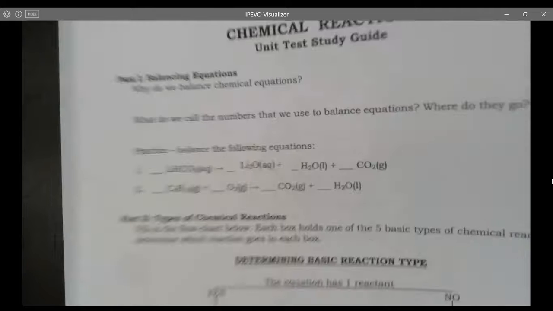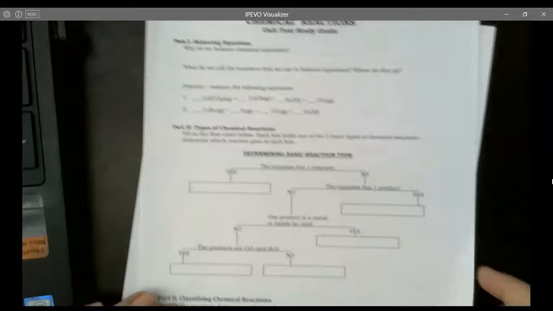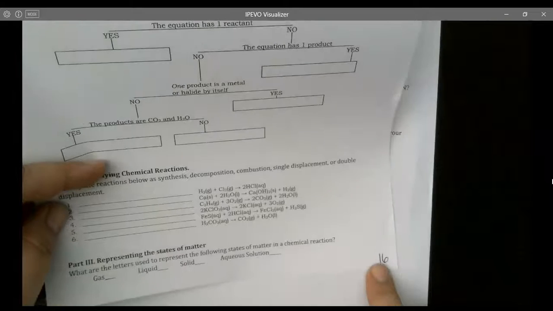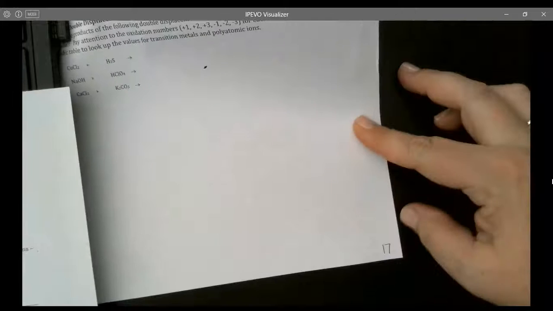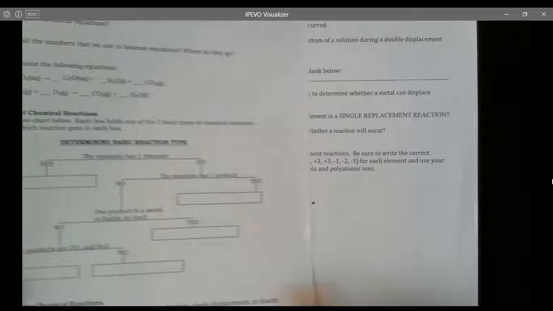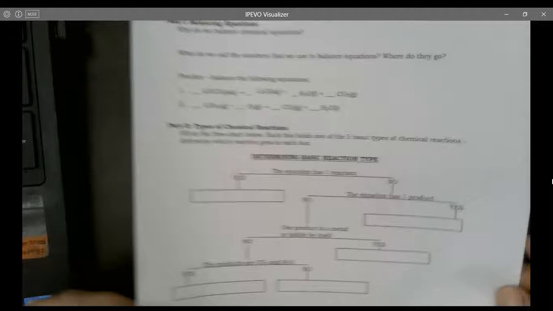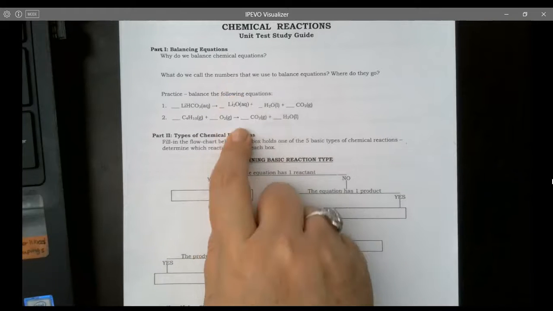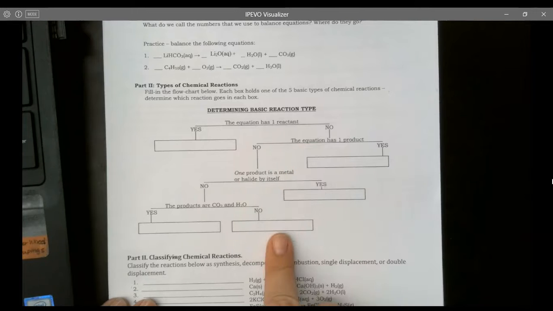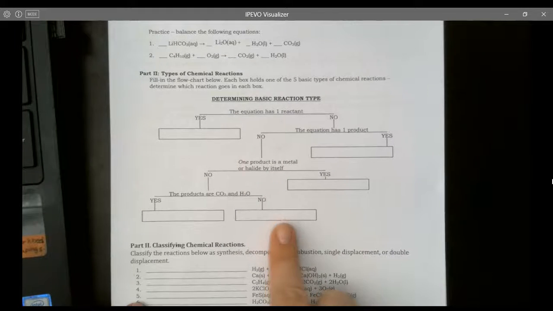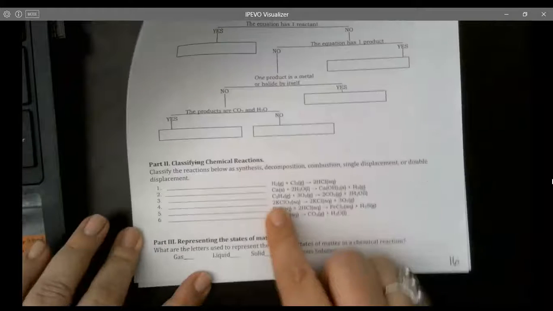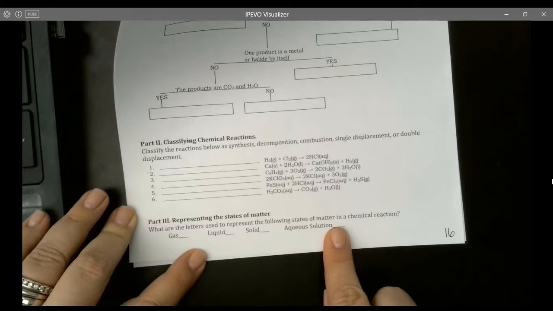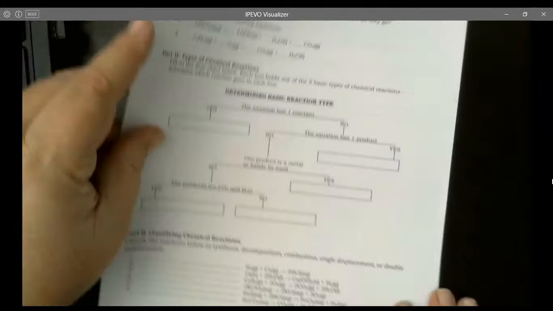And then you're going to go to your chemical reactions study guide, which is page 16 and page 17, and this is a page and a half. And so you guys are just going to answer a couple questions, balance 2 equations, kind of go through the flow chart to figure out which elements you have, identify a couple reactions, give me symbols for the types of states of matter, okay?